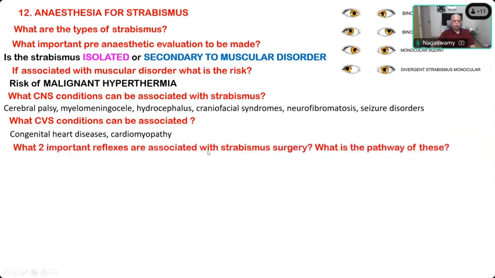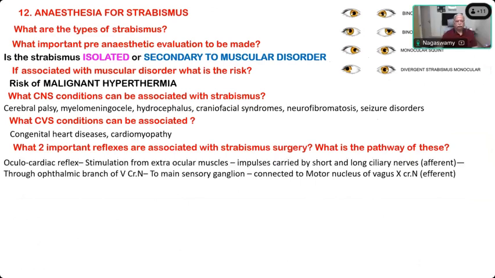What two important reflexes are associated with strabismus surgery? What is the pathway of these reflexes? Sir, oculocardiac and oculoemetic. Very good. Oculocardiac reflex is stimulation from extraocular muscle. You must always say the afferent pathway, the center, and the efferent pathway.